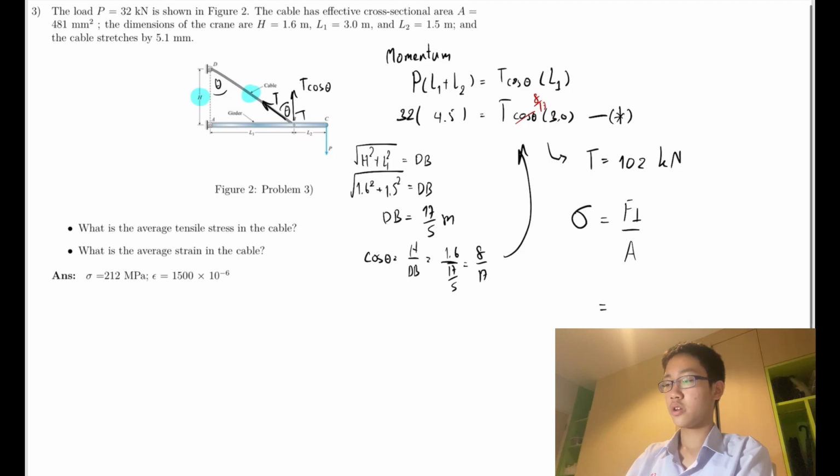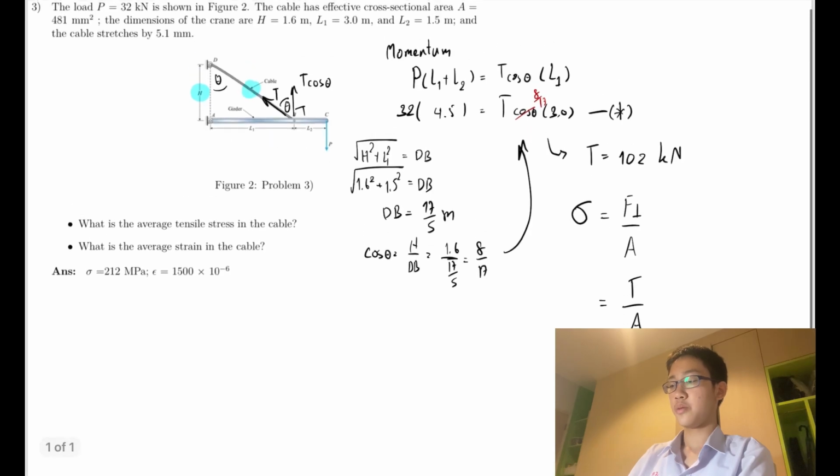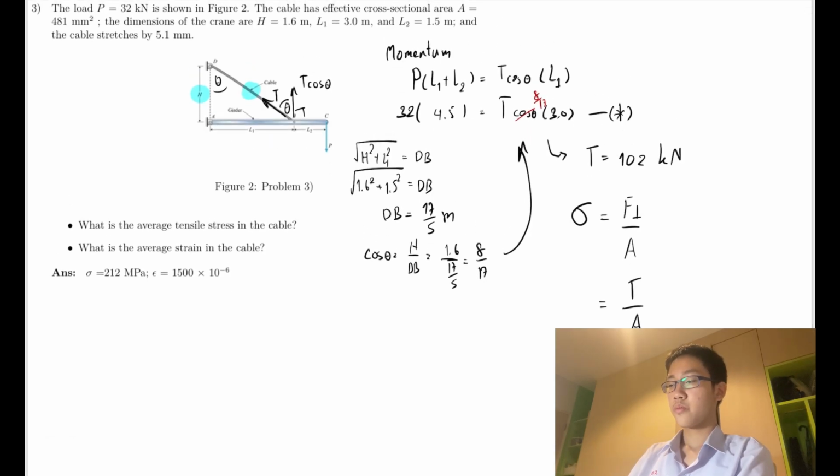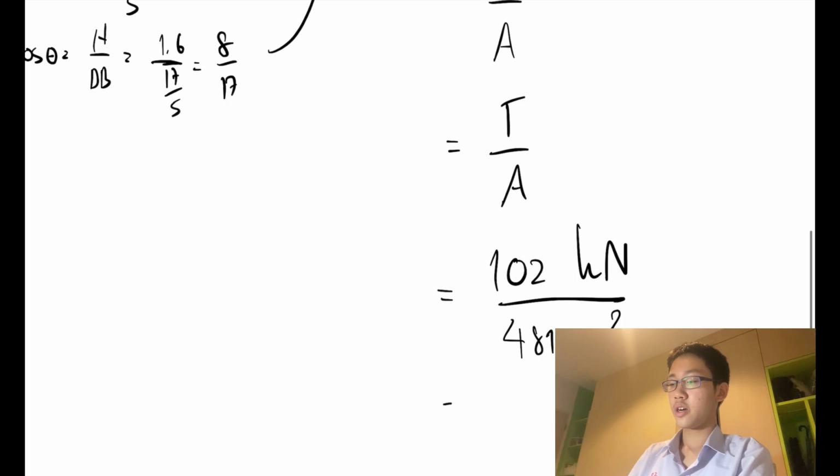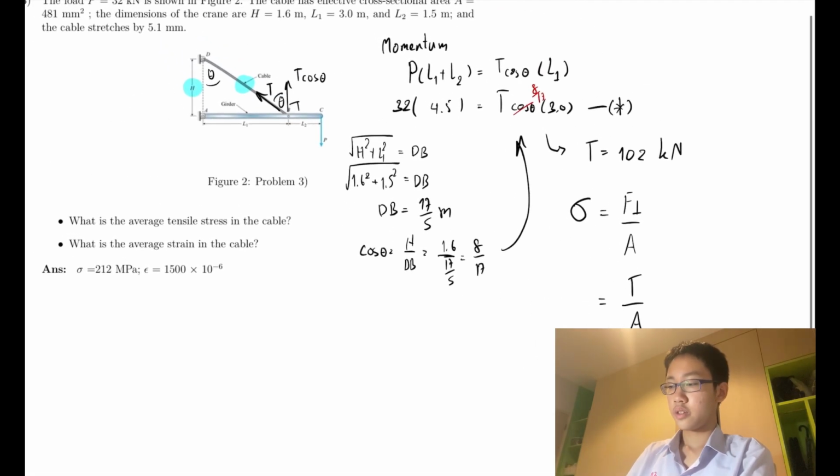So F perpendicular is T, giving T by A. It is 102 kilonewtons divided by A, which is 481 millimeters squared. Then we get 212 megapascal. This is the tensile stress.